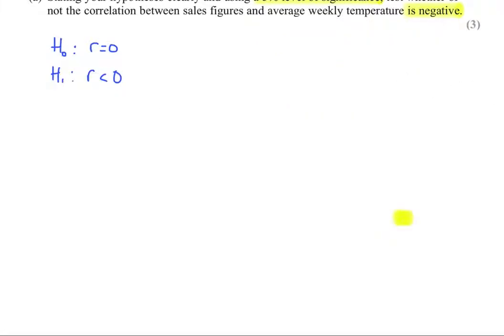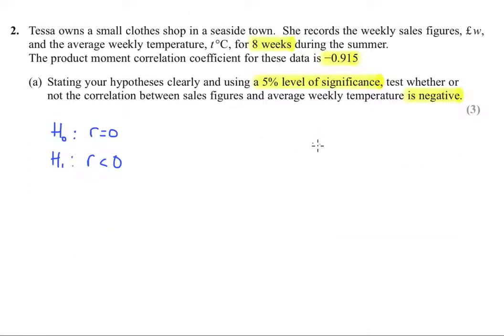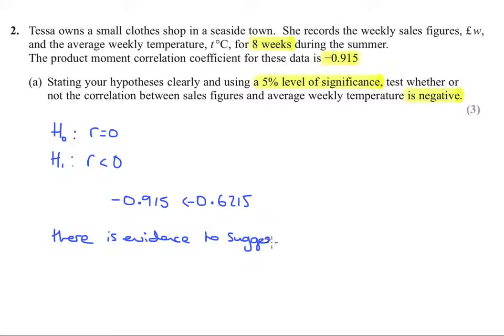So we do have significance in our scenario, because we've got a value of negative 0.915. So what we'll say is that because negative 0.915 is smaller than negative 0.6215, there is evidence to suggest that there is negative correlation.